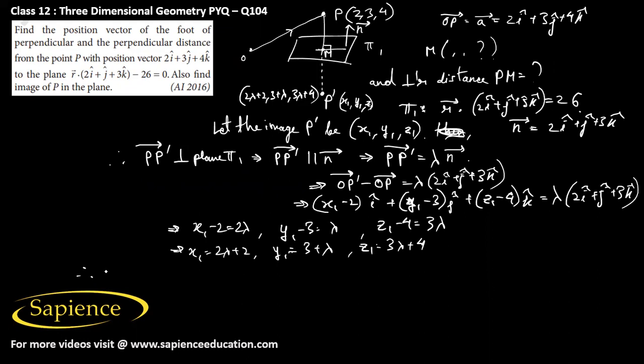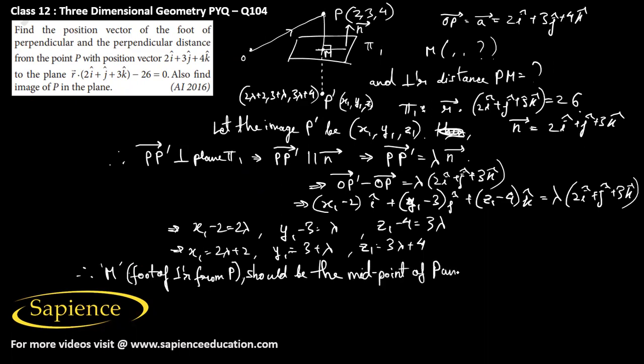So now here point M, which is the foot of the perpendicular from the point P, should be the midpoint of the image and the object, that is the midpoint of this point P and P dash.